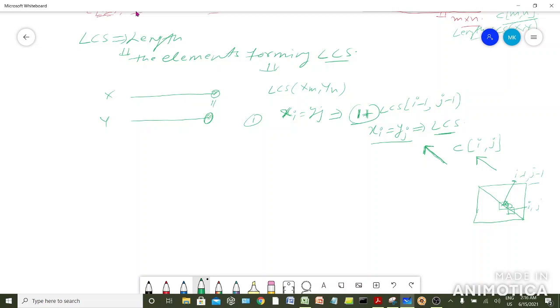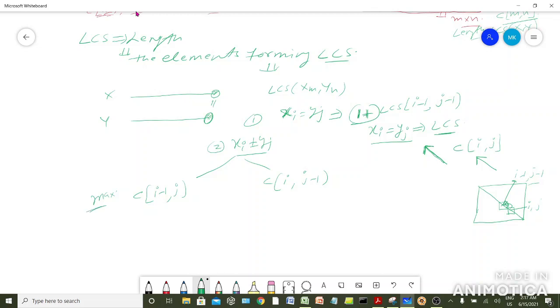Now move to the second condition, when xi was not equal to yj. There were two options. One was to go for C of i minus 1 and j, and one was to go for C of i and j minus 1, and we need to choose the maximum of these.